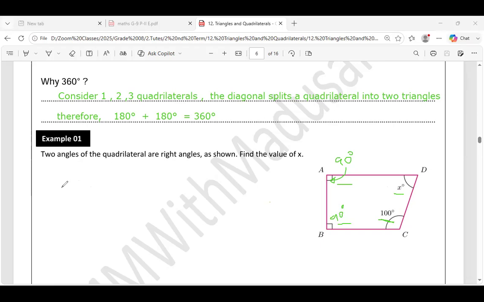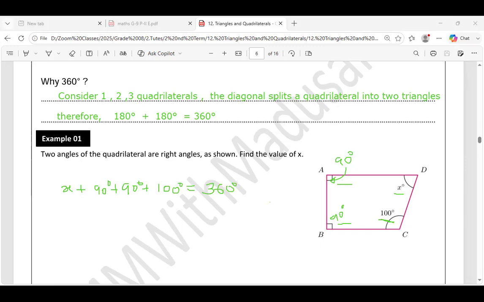So I will write it as x plus 90 degrees plus 90 degrees plus 100 degrees is equal to 360 because this is a quadrilateral.